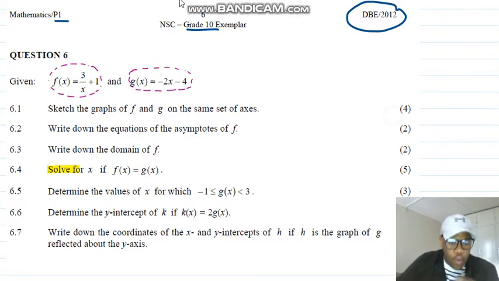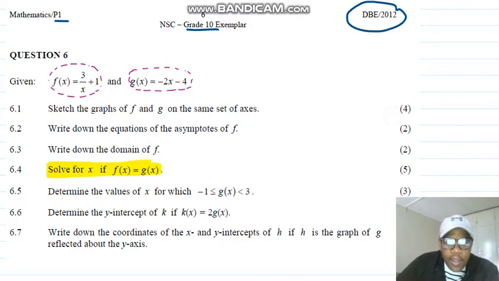Interestingly, the fourth question is saying solve for x when these functions are equal, right? They want to know the value of x at which these functions are equal. That's literally doing simultaneous equations. Maybe they didn't want the y, but you can find the x.